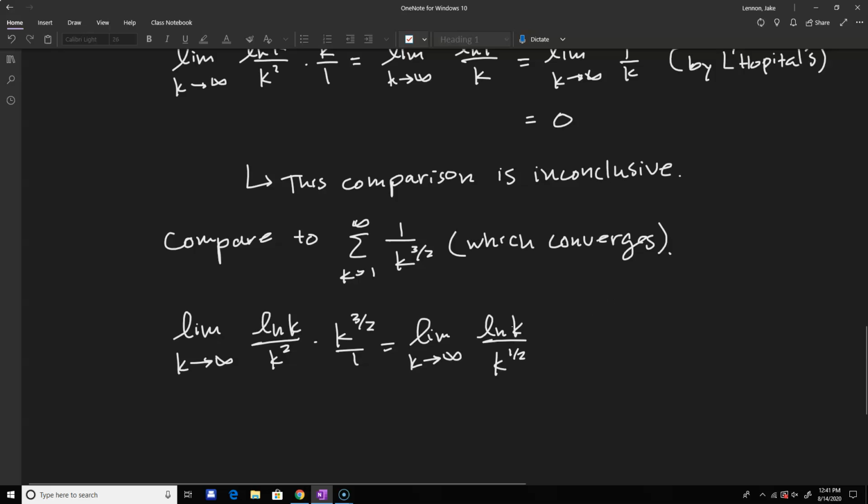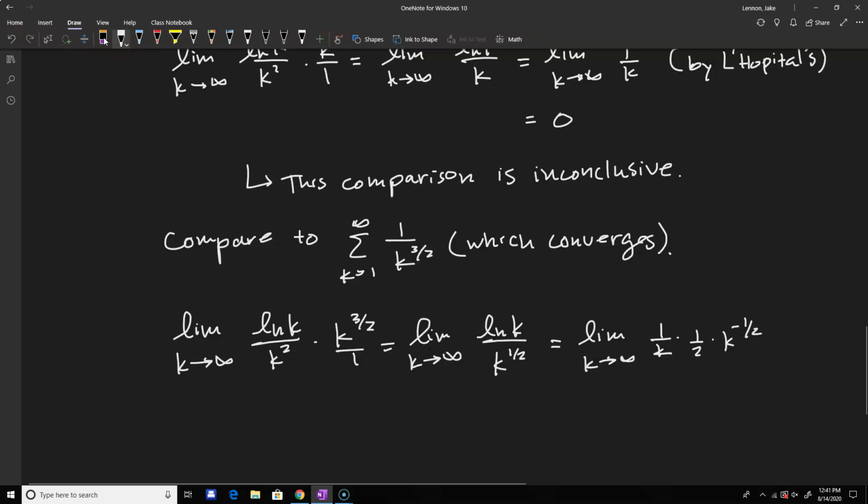So again, this is L'Hopital's rule because natural log of k is going to infinity, and so is k to the 1/2. So we can apply L'Hopital's rule here. So we get the limit as k goes to infinity of 1 over k times 1 over 1/2 k to the minus 1/2. Oh, excuse me, that k to the 1/2 needs to be in the bottom.